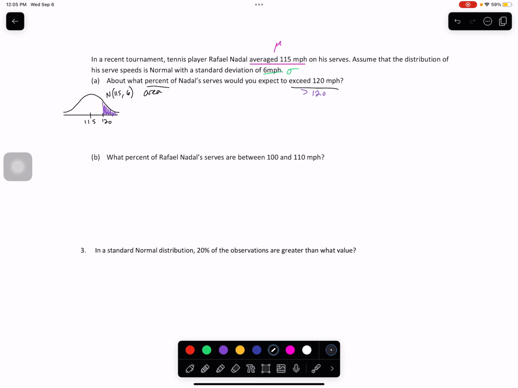The first thing is that I need to calculate a z-score. I'm standardizing this normal curve. The reason is that it would allow us to compare if we need to.